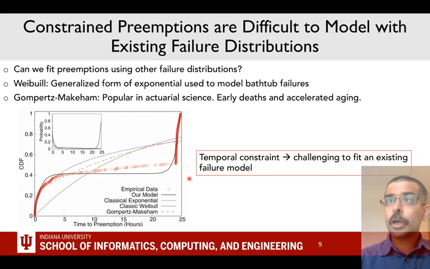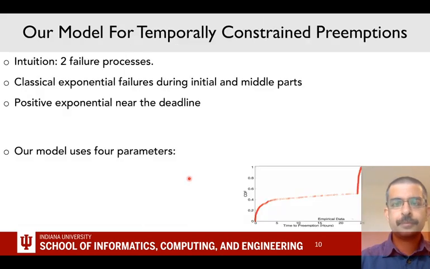So we had to come up with our own model to capture these three phases. Our intuition is we want to use two separate and distinct failure processes that are active at different times during a VM's life. During the first and the middle parts, we can see that the classical exponential distribution can probably work.